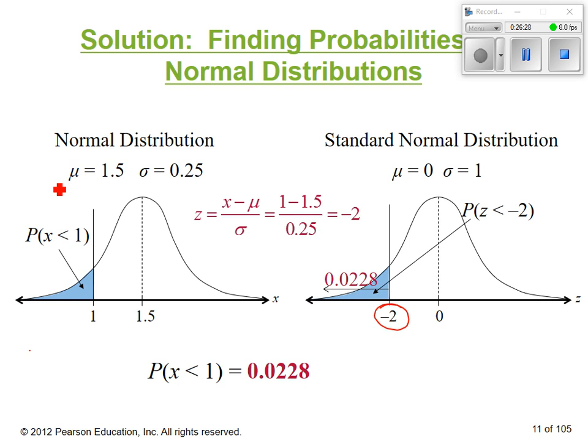Now the other thing I'm going to show you, that's if we change everything into a z-score, into standard normal, right? If you don't want to change everything into that, there's another way you can do it, and that's what I'm going to show you right now. So if we hit second VARs, go down to normal CDF, instead of changing this and then using the standard normal stuff, we could just leave it in the normal distribution and we should be able to get the same answer.